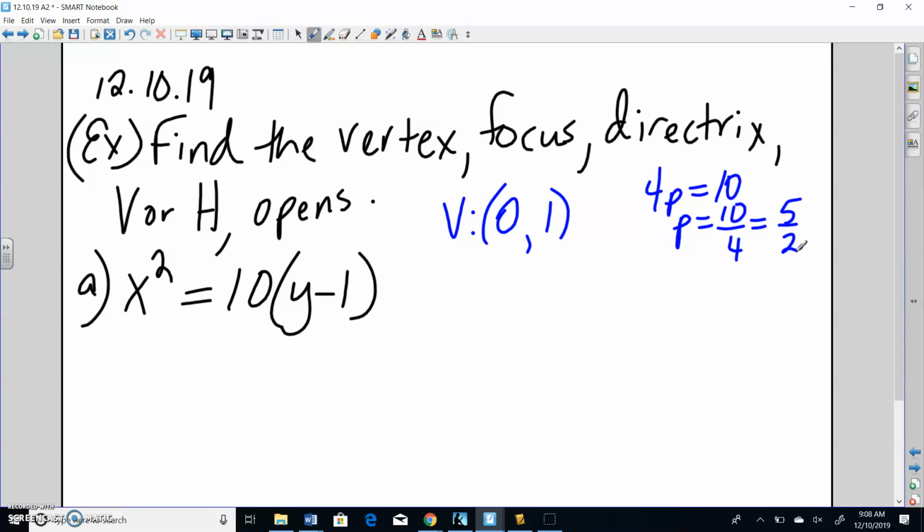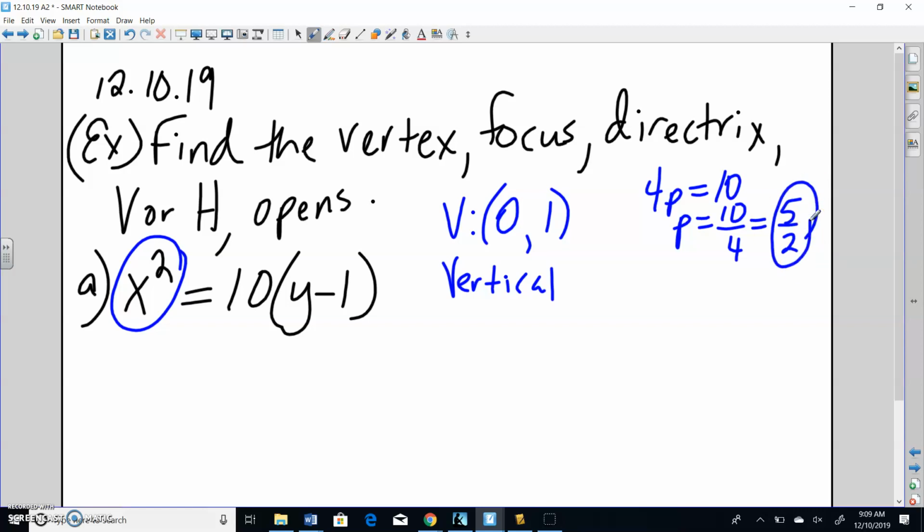Let's decide, is this vertical or horizontal? Vertical. So I might not be going in the same order that is listed up here. Vertical, and then how is it opening? Okay, so it's vertical because the X is being squared, right? That's why it's vertical. Then we look at the value of P to decide if it opens up or down.